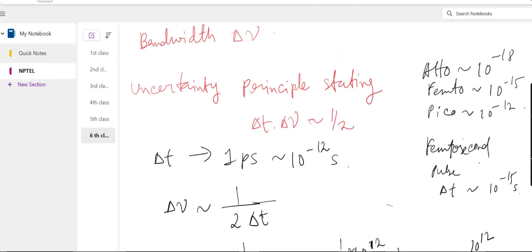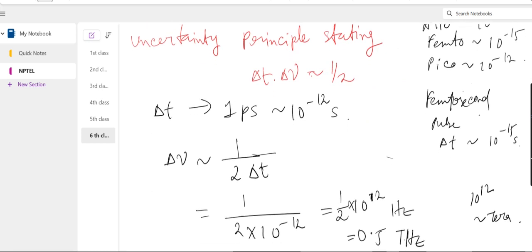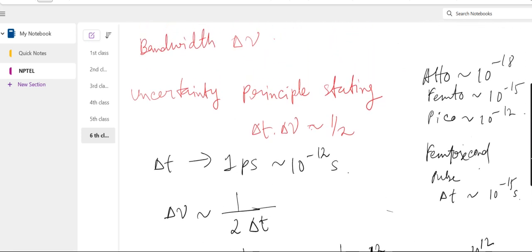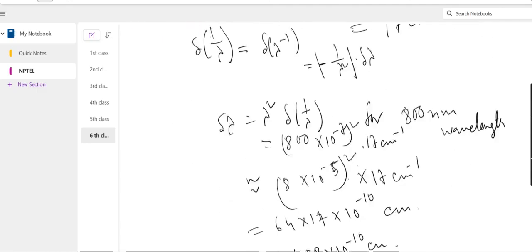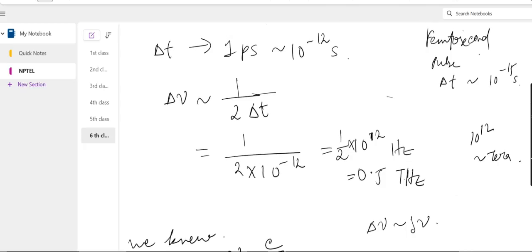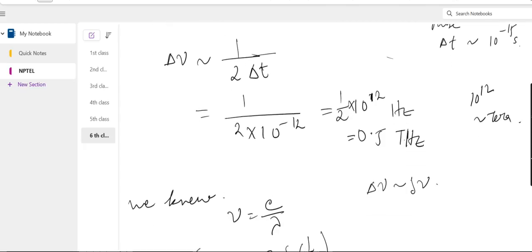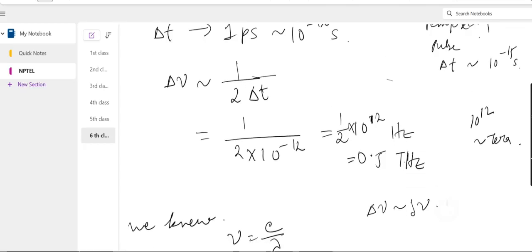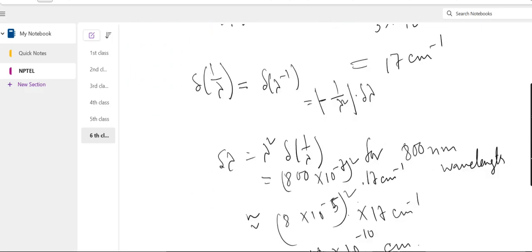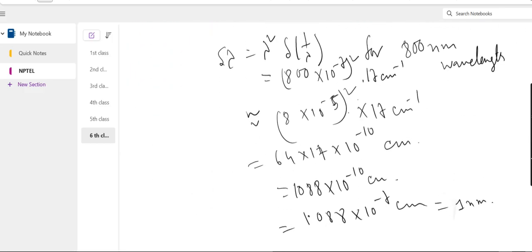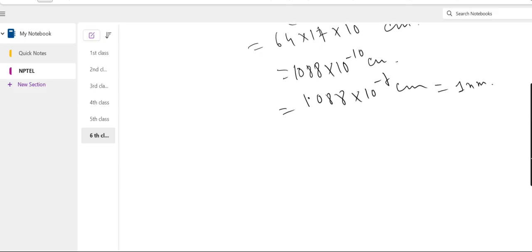So you get to see that for a laser with a wavelength of 800 nanometer and a pulse width of 1 picosecond, the frequency uncertainty, or bandwidth, is 0.5 terahertz, and delta lambda is about 1 nanometer.